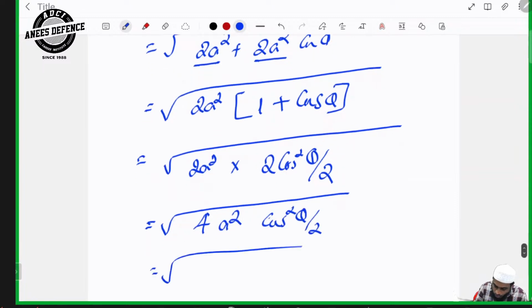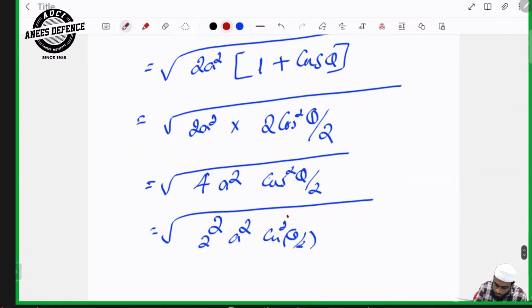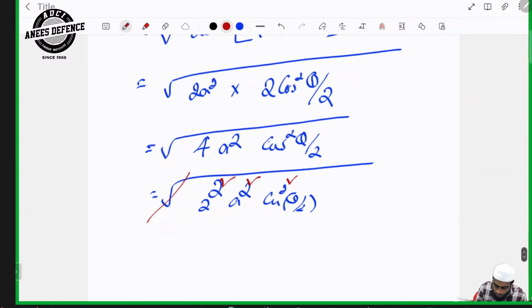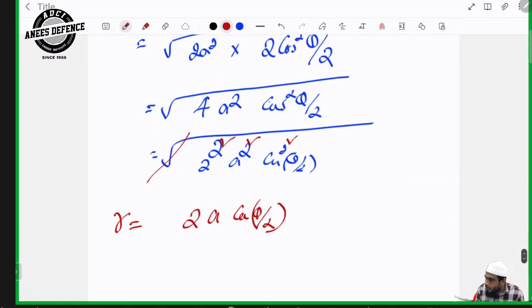So you can write 4 as 2 square, A square cos square theta by 2. You can see here is 2, here is 2, here is 2. All the 2s get cancelled with the under root. So you will get the resultant 2A cos theta by 2.